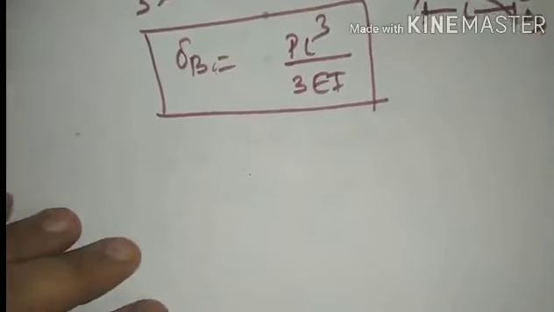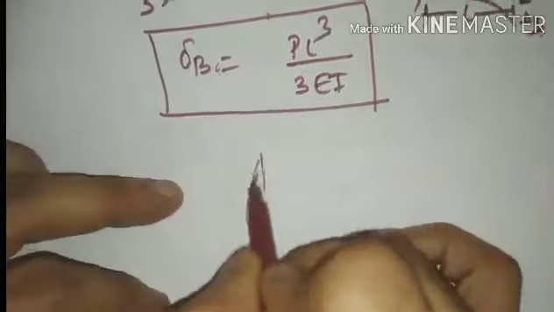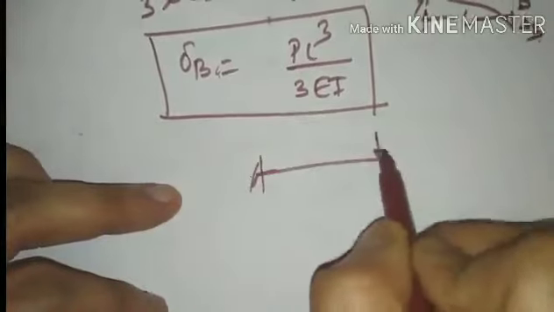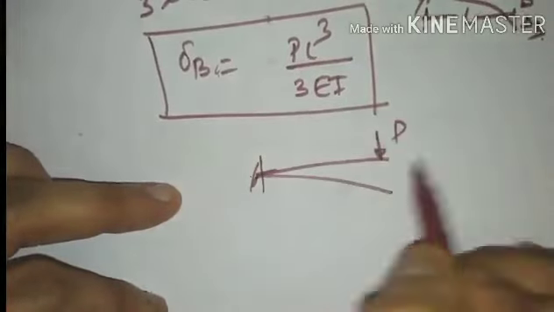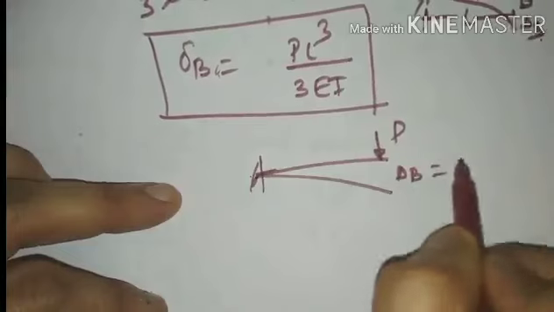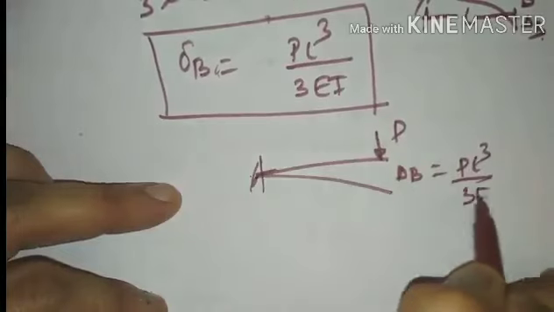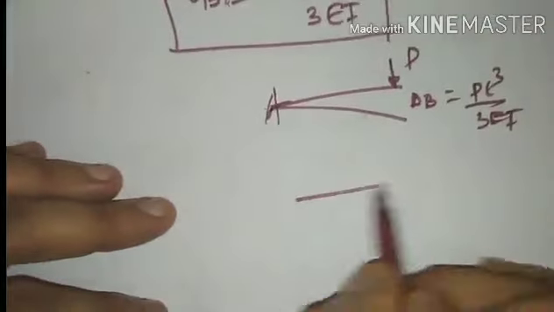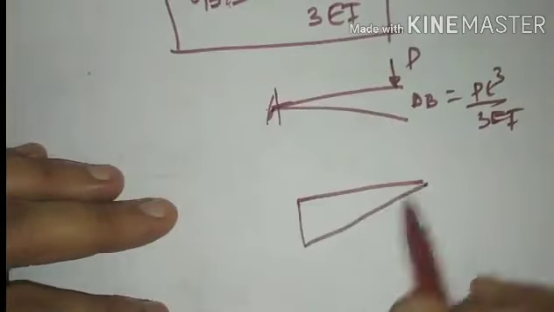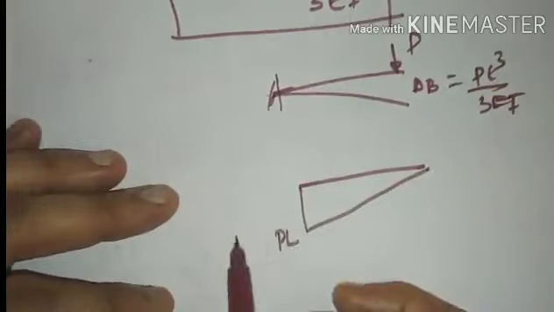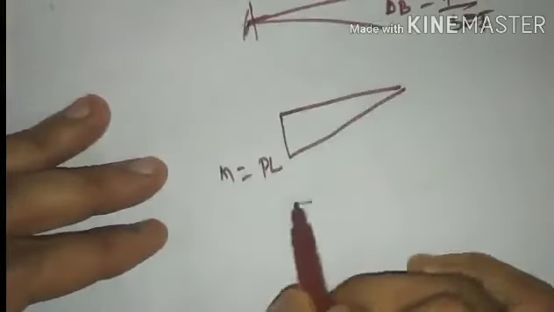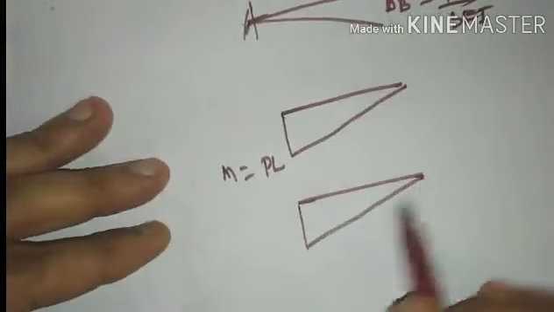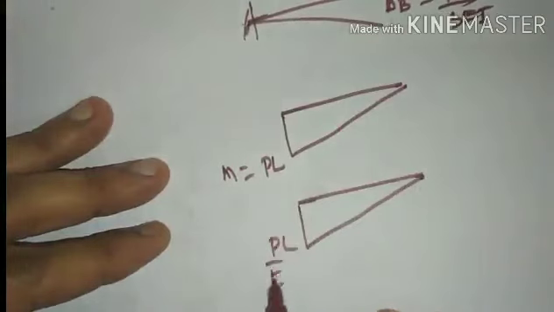The formula was the same, and here also the formula is the same. If you recall the moment area method, the bending moment diagram was drawn like this, that is PL, which is the M diagram. The same M diagram was converted into the M by EI diagram, that is PL by EI.